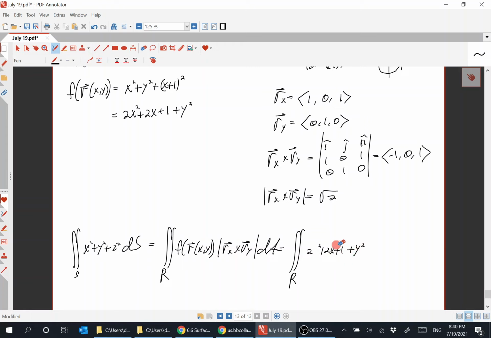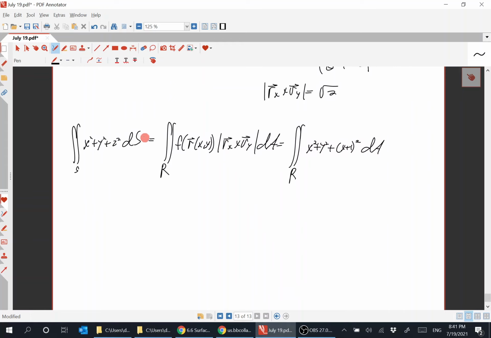Actually, I'm just going to leave it like this because since the domain is a circle, we're going to have to transform to polar coordinates. So this is x squared plus y squared plus (x plus 1) squared, times square root of 2 dA. So I'll bring that square root of 2 out front.